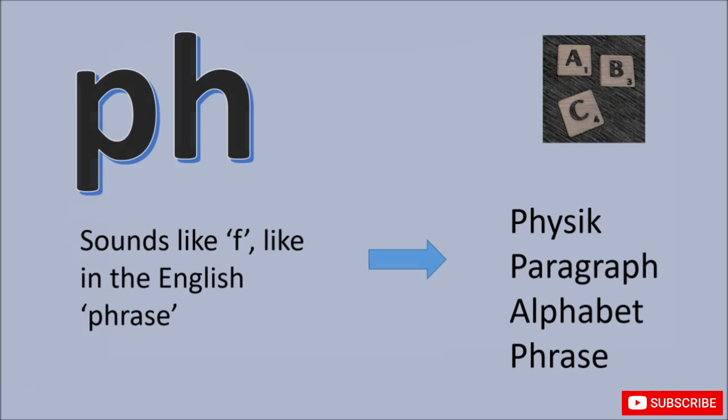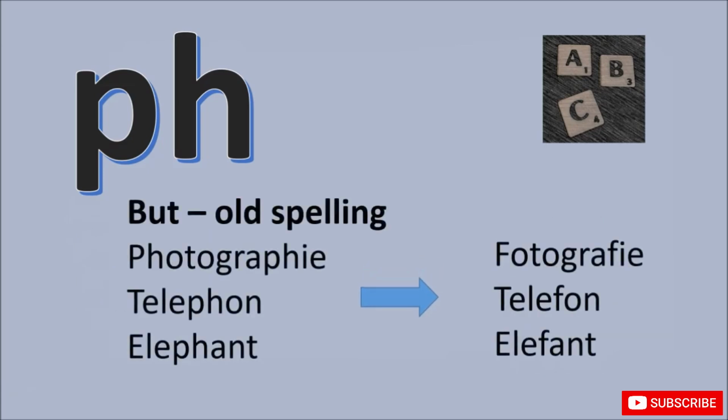PH. That's like the F in English, like in the word phrase. So Physik, Paragraph, Alphabet, Phrase. There's a little but, because we used to have more words spelled with a PH. Fotografie, Telefon, Elefant.